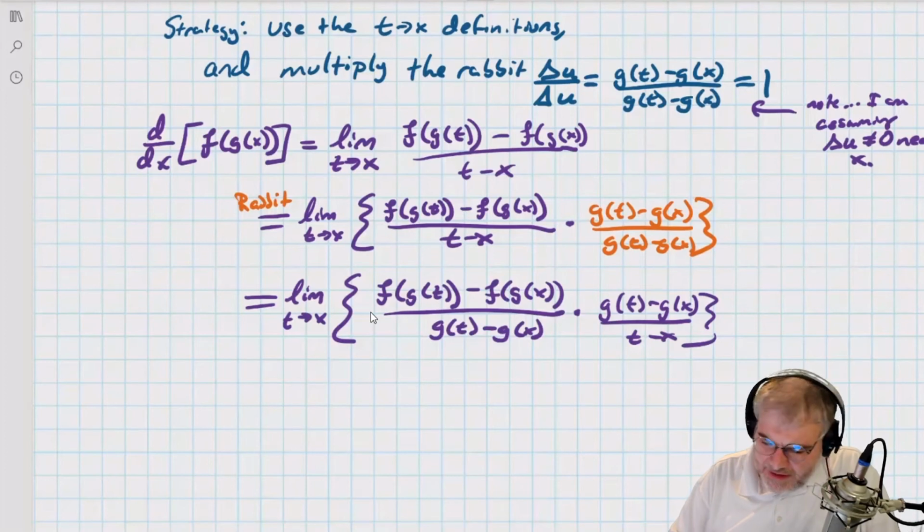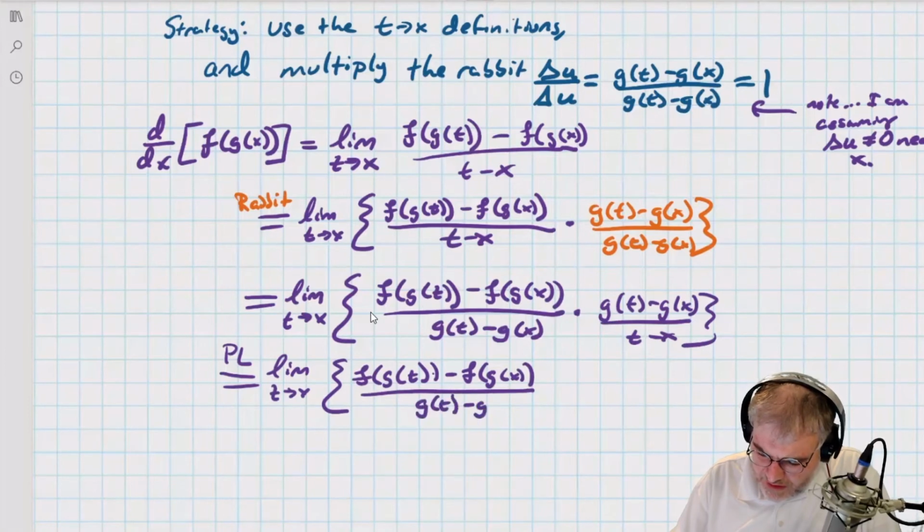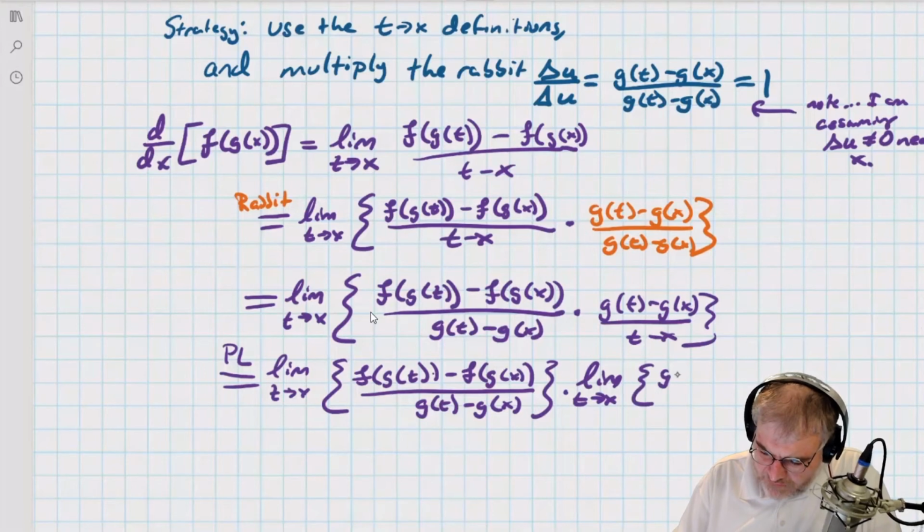Okay. Now I use the product law, and I get the limit as t goes to x of f of g of t minus f of g of x all over g of t minus g of x times the limit as t goes to x of g of t minus g of x all over t minus x.